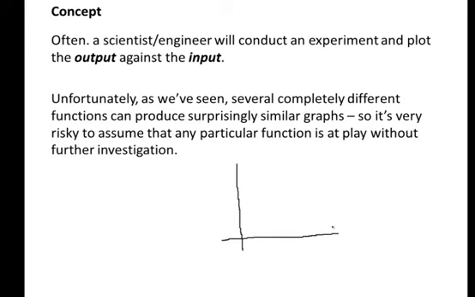So here's our inputs, I'll just call them X to keep it nice and general, and here's our output, Y. Once we start plotting our data, it starts to look like this. And we could make a guess. We could say, well, it looks maybe like a quadratic curve.